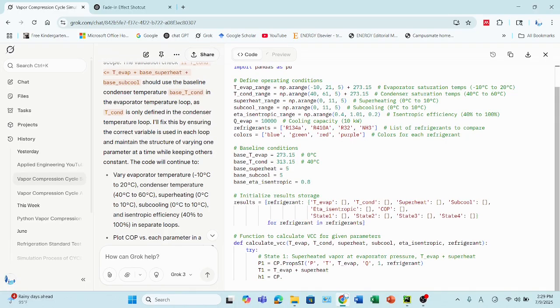So let's see, and we will ask Grok, please modify the code so that we can get plots of evaporation temperature versus COP, exergy efficiency, and total exergy destruction.